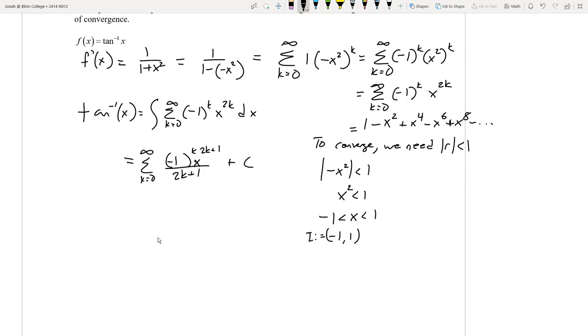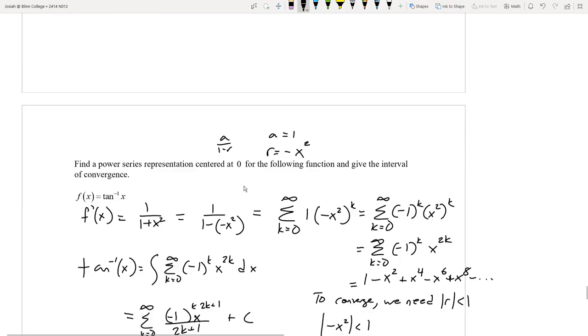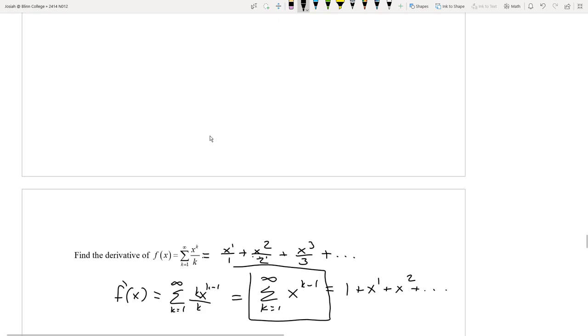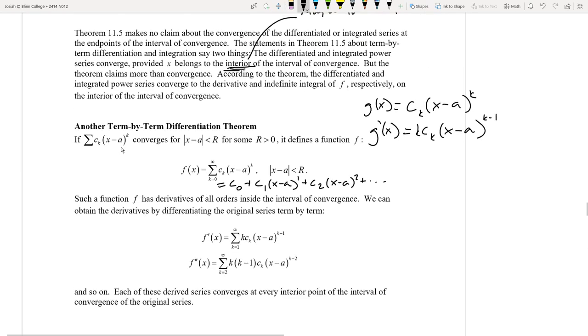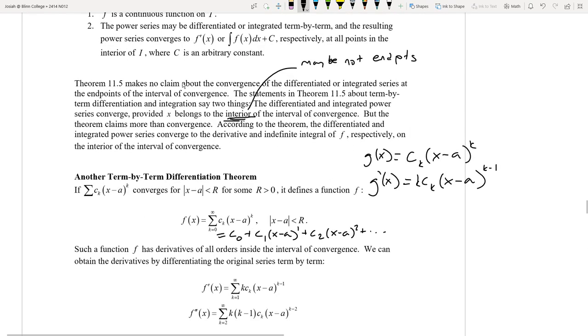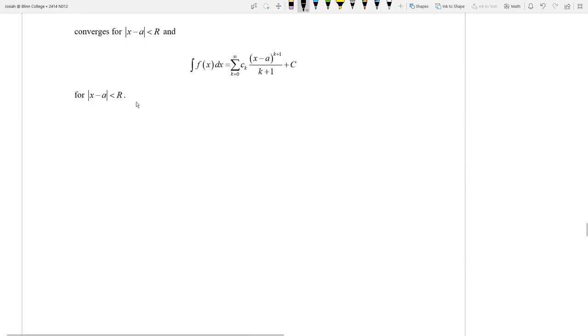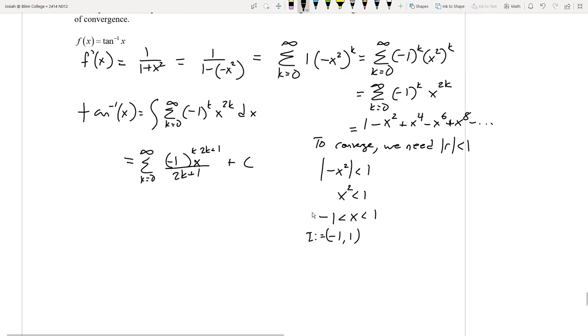So the issue is, remembering back to our theorems here, the theorem makes no claim about the convergence of the integrated series at the endpoints. So once we take the integral, we might have convergence that pops up at one of these endpoints.